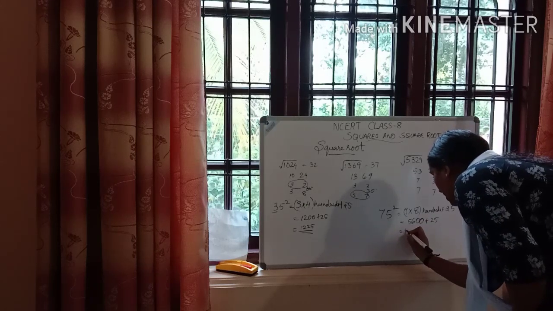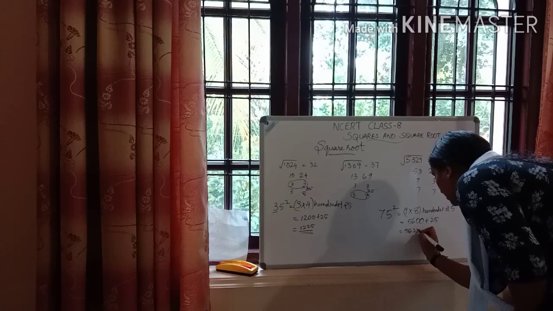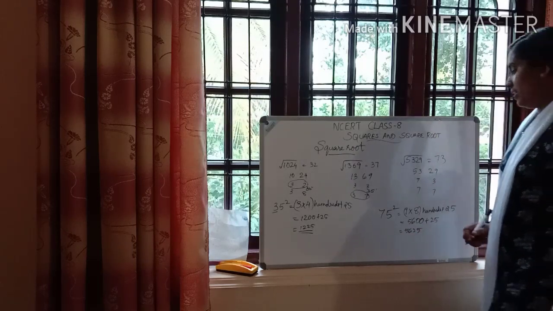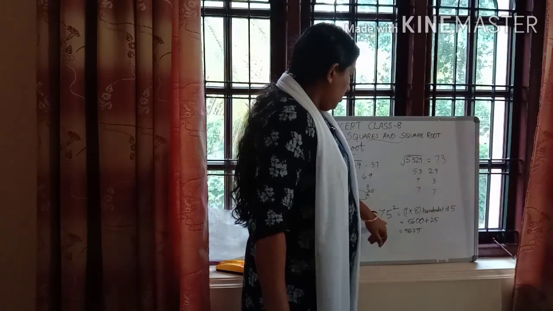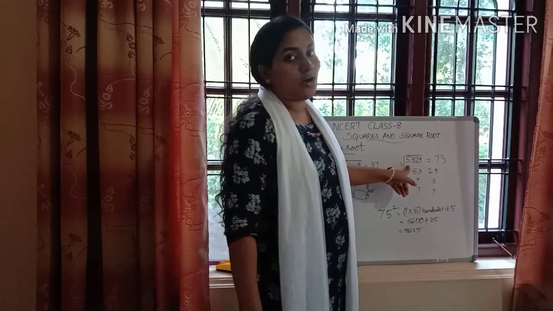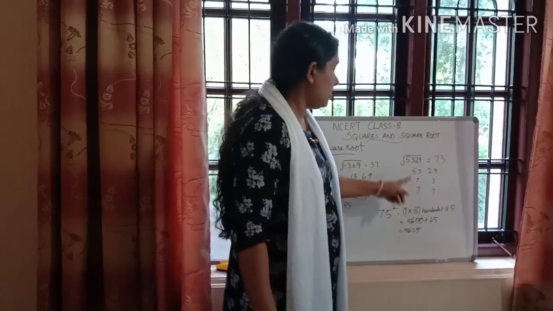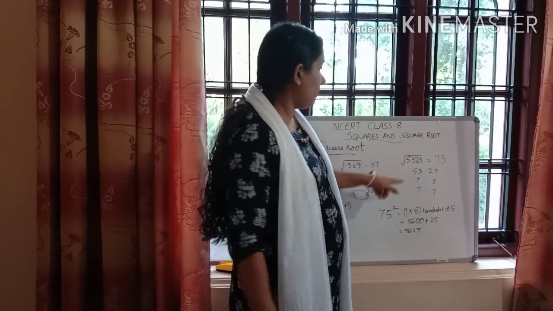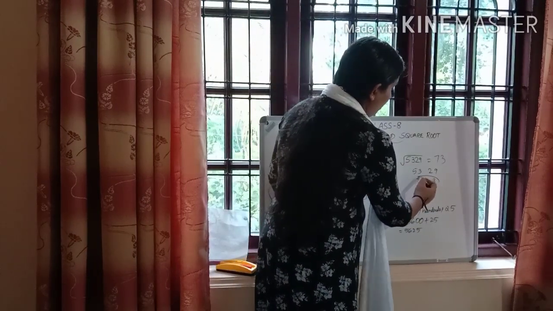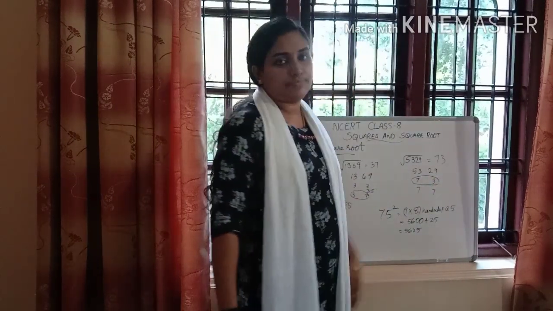So 75 square is 5625. So is this number greater or smaller? This number is greater than 5329. So the answer will be 73.